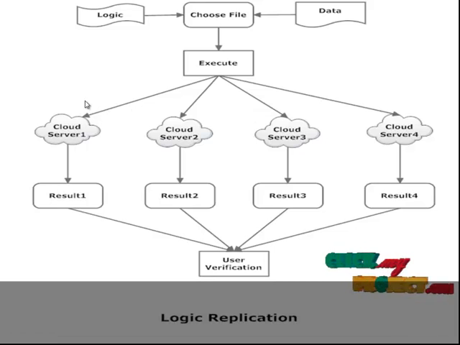So we get the results from four distinct clouds. The user can verify the results got from the distinct cloud servers. So the user finally gets four results and the majority result will be taken. The wrong result should be eliminated, so next time the user cannot use the server which produced the wrong result.